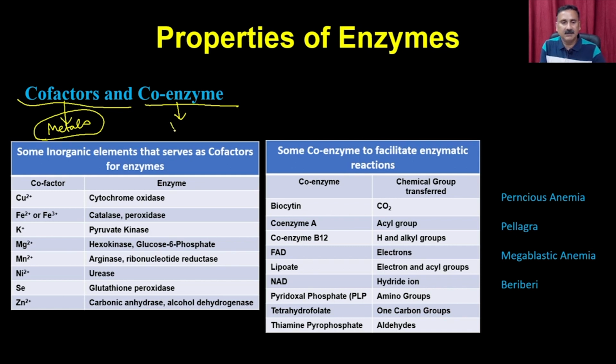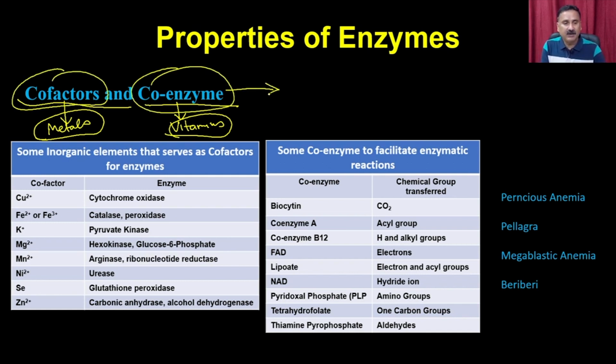So here is the table of the different types of cofactors and coenzymes which participate in different types of reactions. Mostly the cofactors and the coenzymes facilitate the different types of reactions. For example, you have a cofactor called copper 2 plus, and that is present in cytochrome oxidase.